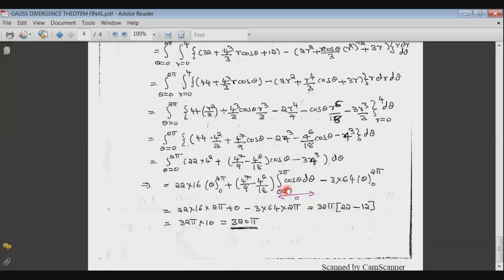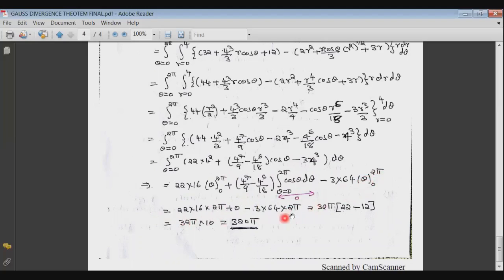Now when we integrate cos theta, that becomes sine theta. If you take the upper limit and lower limit, this reduces to 0. Therefore, the value of this integral is 0, and that's why we ignore this entire second term. Once you take the first term, theta equal to 2 pi gives 2 pi.